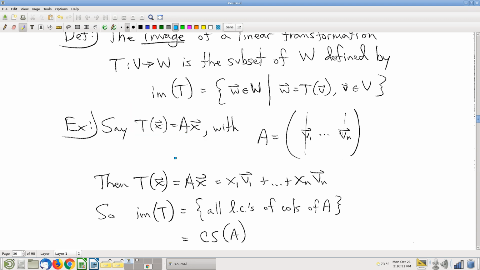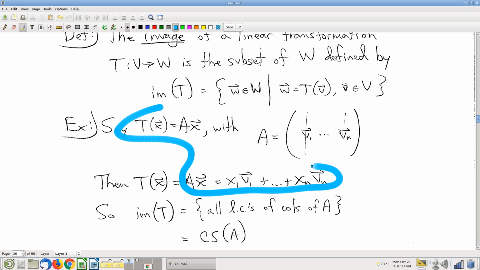I'll remind you that the way you multiply a matrix times a vector is by taking a linear combination of the column vectors. This is kind of a section 1.2 fact. I promised that it was going to come up over and over again in this class, and it's come up several times, and here we are again.